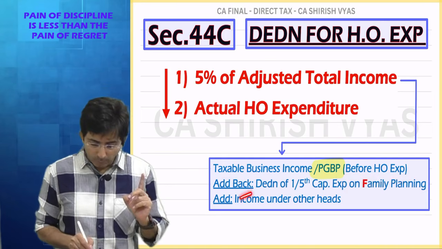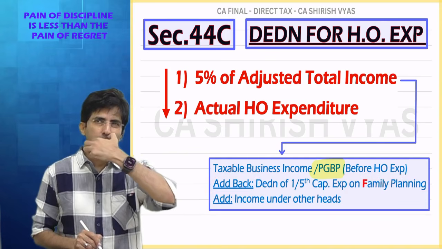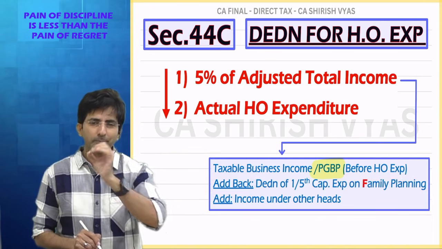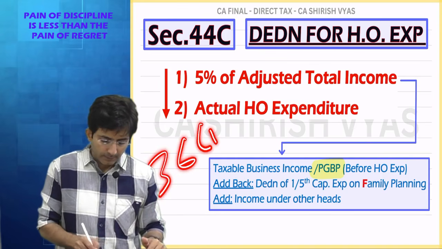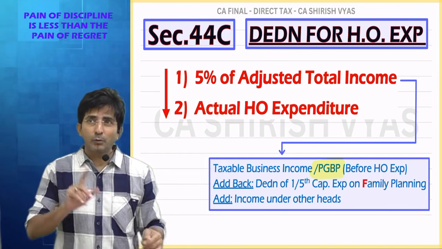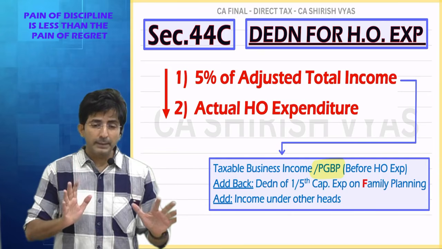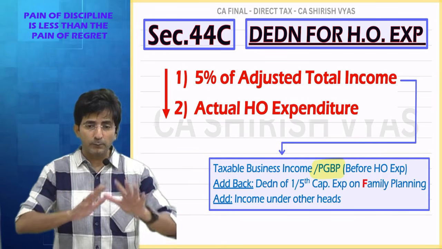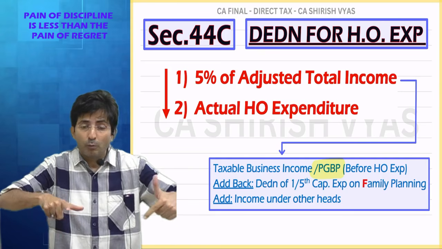And then one more thing you will add back. In PGBP there was one keyword C/FR. When I explained section 36(1), there was one keyword C/FR. In that, what was F? Deduction for family planning expenditure. If a company has incurred family planning expenditure for promoting family planning awareness amongst the staff, what was the rule?